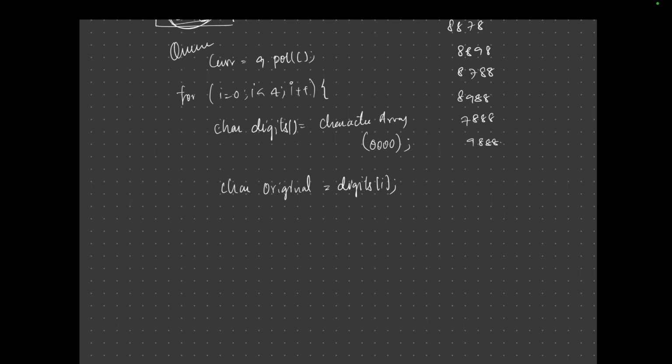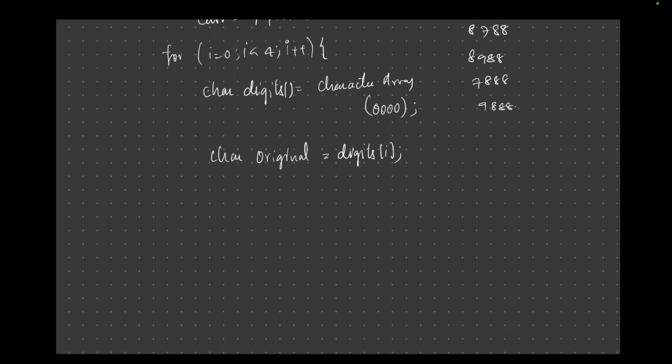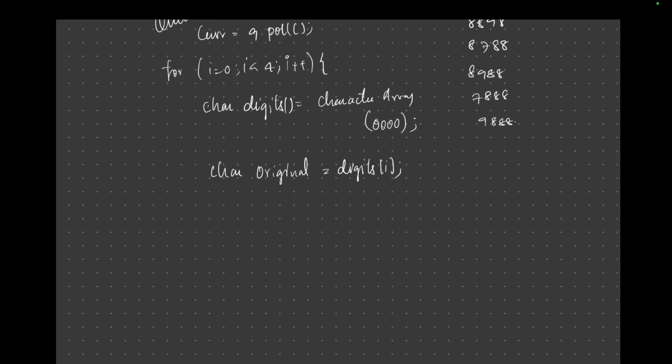So let's turn it clockwise. To turn it clockwise, we need to get the next digit, right? So I want to change the digit. To get the next digit, character nextDigit, we will use the next map, right? So next dot get of digits of i. So you got your next digit. So digits of i is equal to nextDigit.